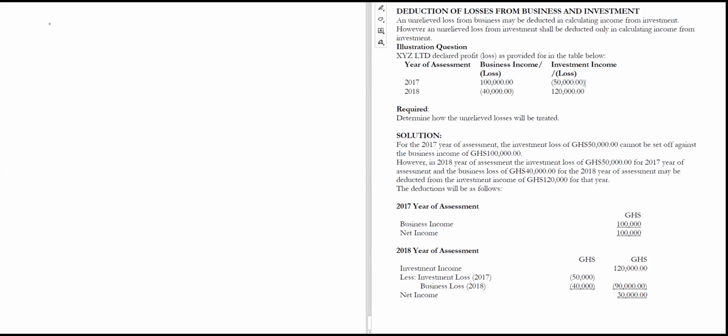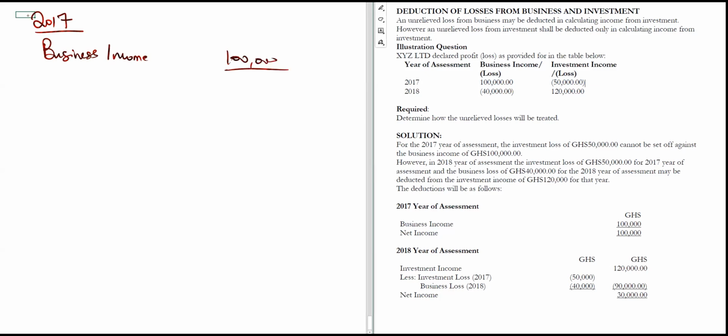So when we come to 2017, we'll just charge our business income, which is 100,000, and it ends there. Why does it end here? Because we cannot charge the investment loss against the business income. The investment loss is separated. It has nothing to do with the business income. No relationship.